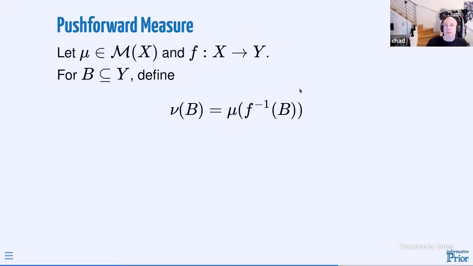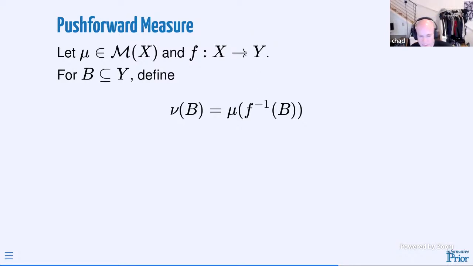Now, in some cases, push forward is very straightforward, no pun intended. For sampling, it's easy, right? Because if I can sample from this mu, then I take my value and I just send that value through the function. That's very simple. But what about if we want to evaluate the log density, or just evaluate the density?